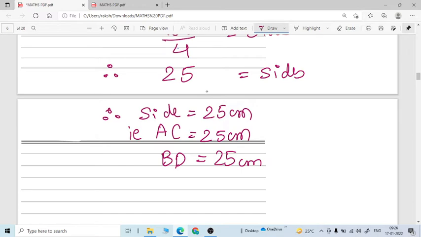And one part of the diagonal they have given, it is 48. Okay, so we'll consider this as 48 centimeters. We only needed one side. So directly we'll write 48 for BD, which is the diagonal.